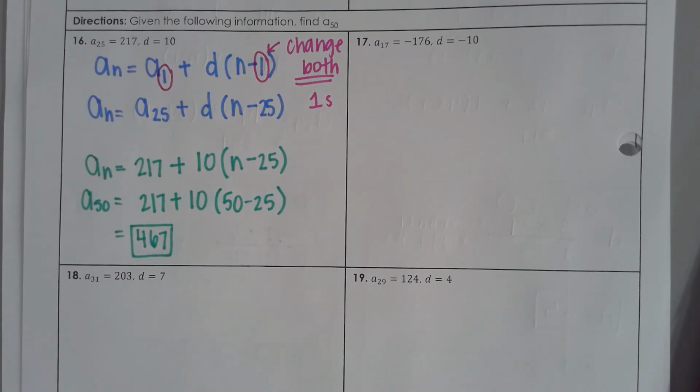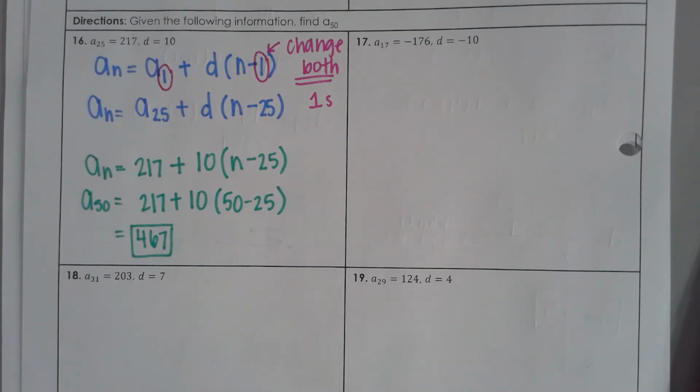The biggest thing that people do is they change the first one, but they leave the second one as N minus 1. If you use a different term, you have to change the number in parentheses. So essentially, yes, Zach, what you were doing is you were doing 25 times 10 and then adding that on.